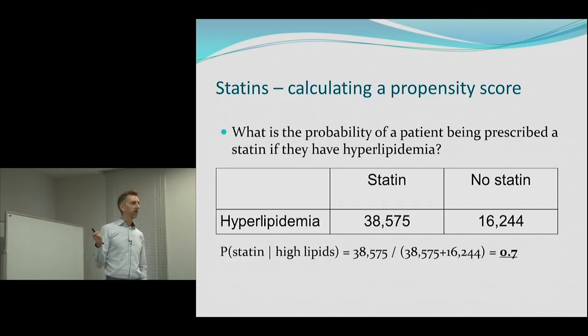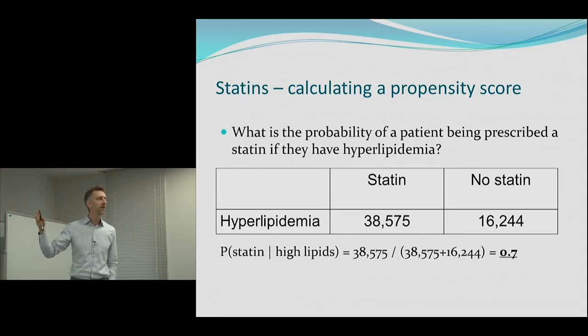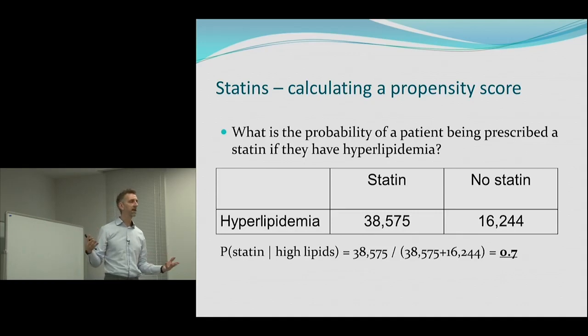If we imagined that having high lipids was the only factor in the world that influenced whether or not you got a statin, then we could very simply calculate the probability of being prescribed a statin if you have high lipids. If you imagine nothing else influences that decision, just having high lipids, it would be this very simple probability equation.